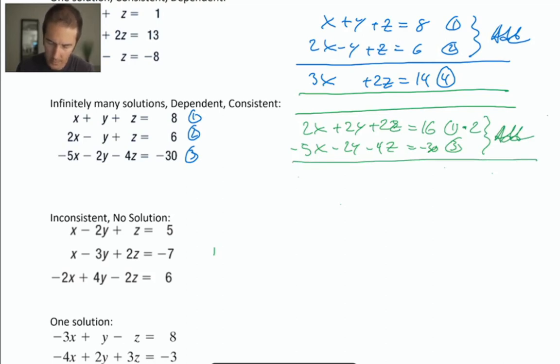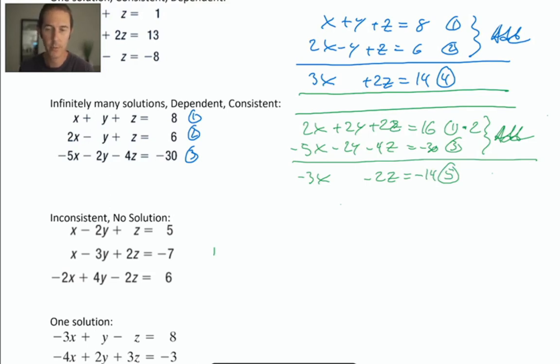And we get negative 3x minus 2z equals negative 14. That's equation 5. Now I'm going to use equations 4 and 5 as their own little system.